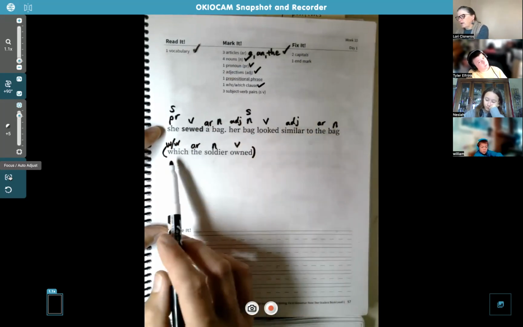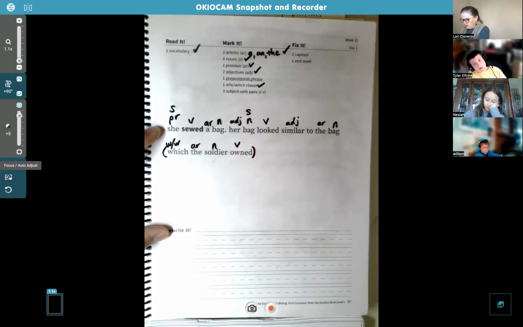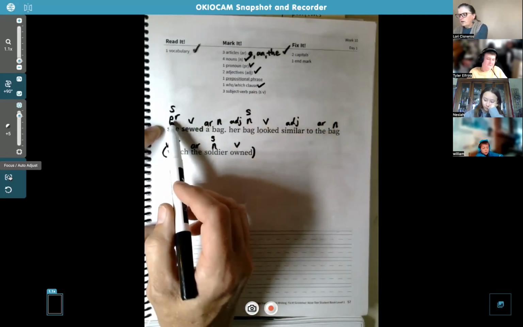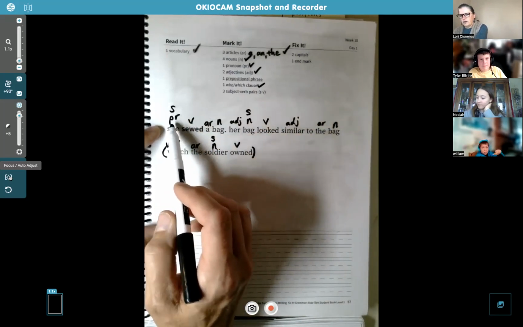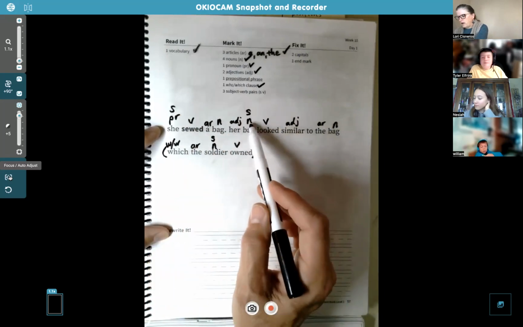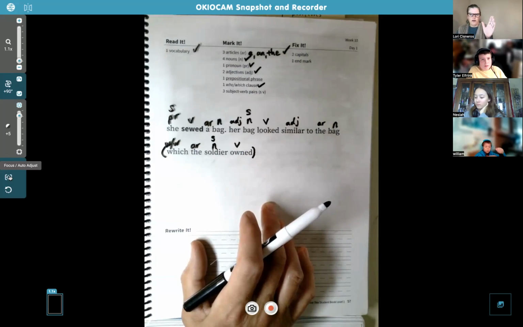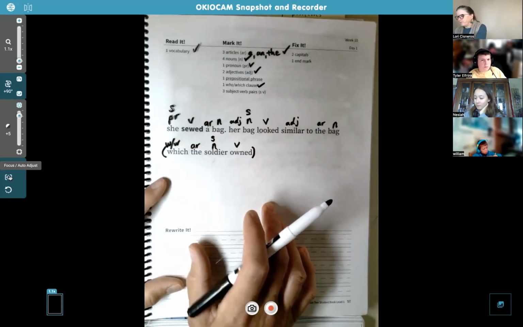And then inside the which clause, do you know what the subject is there? Who owned? Soldier. Good. So notice how I have two things labeled when there's a subject, pronoun and subject, noun and subject.